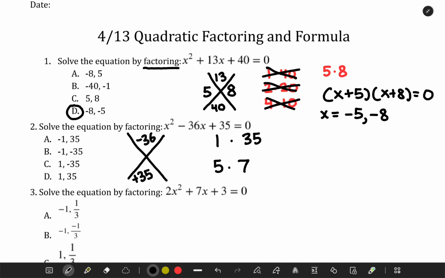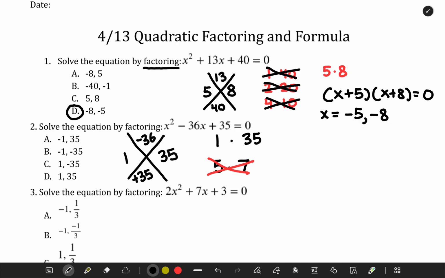Now, if I'm looking at these, one is very clear. 5 and 7, there's no way that I can make 36 by adding, so we can just cross that off. So my last and only choice is going to be 1 and 35. But there's a problem. If I do 1 plus 35, that gives me positive 36, but the thing about this is that it has negative 36.